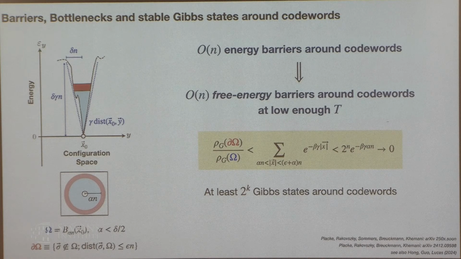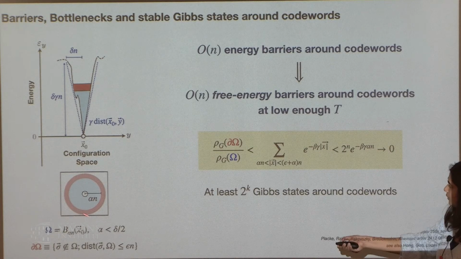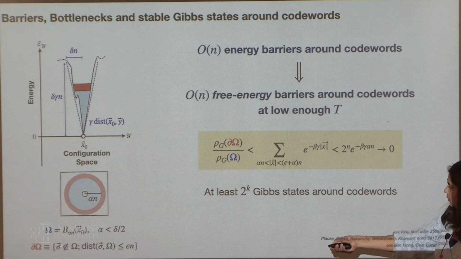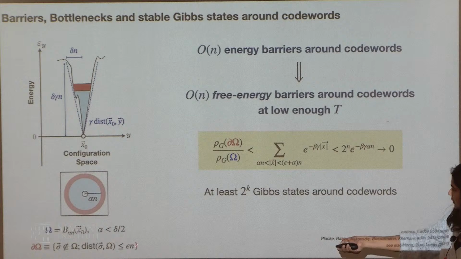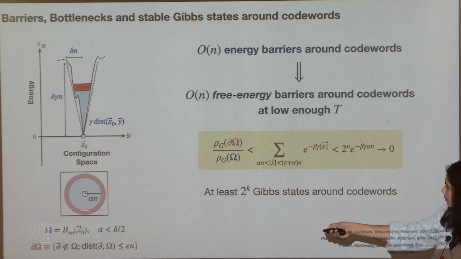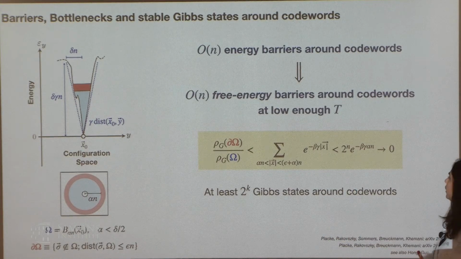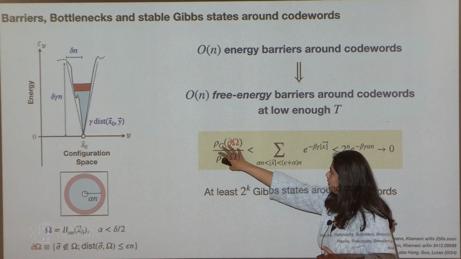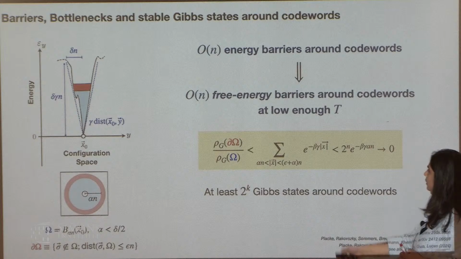In terms of these bottlenecks, what you can do is define a configuration which is some Hamming ball of size alpha n, starting from your ground state. Then the boundary of that is things which are some distance epsilon n from that Hamming ball. You again look at the difference in the weight in the Gibbs state between the boundary and the configuration.